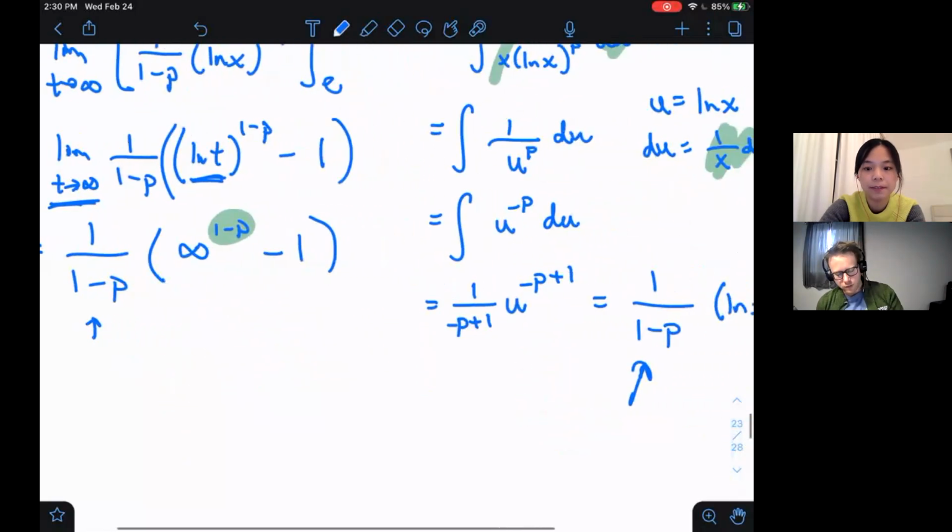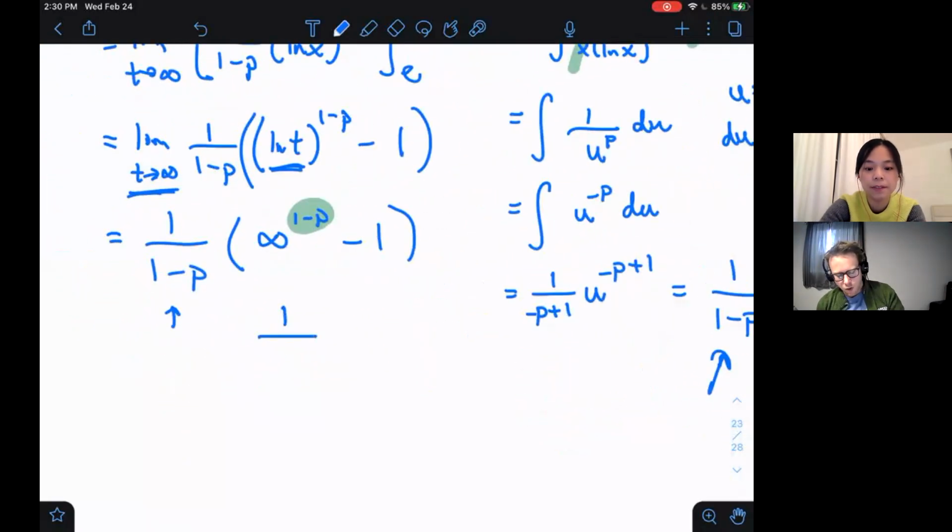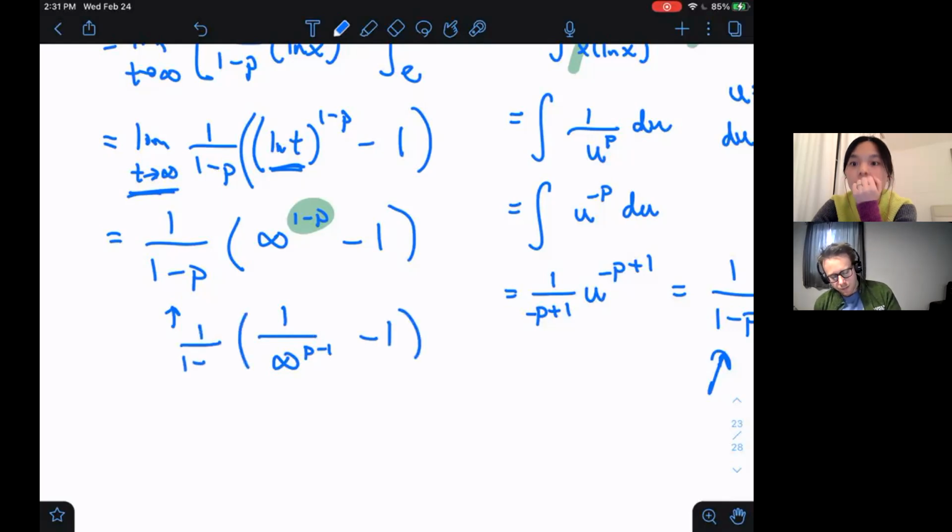And so really, we should rewrite this as 1 over infinity to the, and we could flip this, right? Because now it's going to have a positive exponent. P minus 1 is going to be positive if 1 minus p is negative. And so this will end up going to 0. So 1 over 1 minus p times 0, because 1 divided by an extremely large number goes off to 0, minus 1.